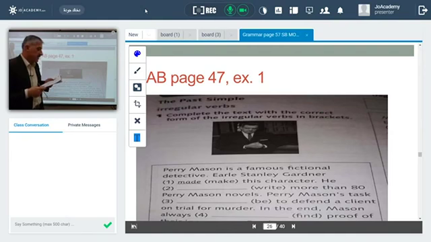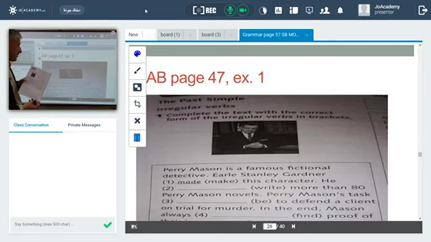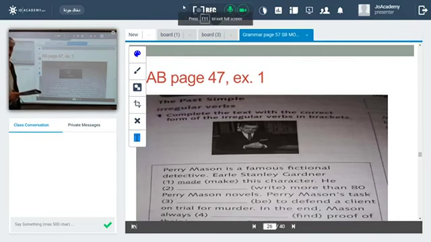So we have grammar, the past simple, irregular verbs, page 47. Open your books to page 47. The past simple, irregular verbs, complete the text with the correct form of the irregular verbs in brackets. So we have here the text, we have some irregular verbs, and we need to put them in the past simple.